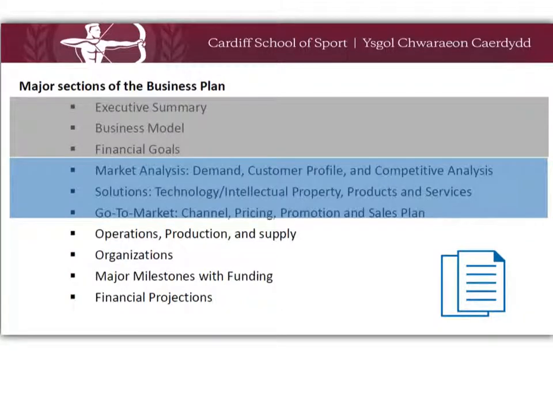To remind you, the major sections of a normal business plan would include an executive summary, business model, financial goals, which would include a description of your product, and then a section on market analysis, solutions, and your pricing or go-to-market strategies, channel pricing, promotional sales plans.